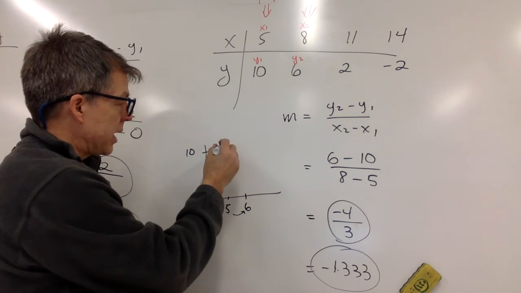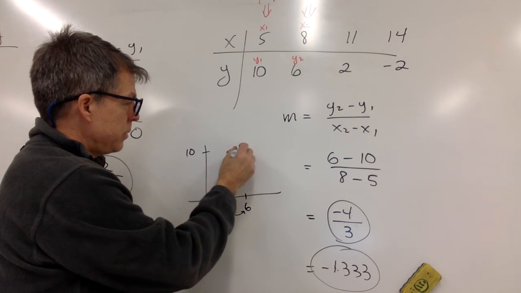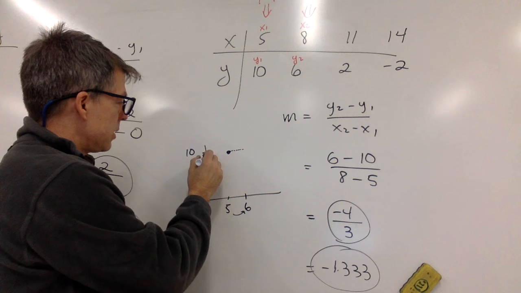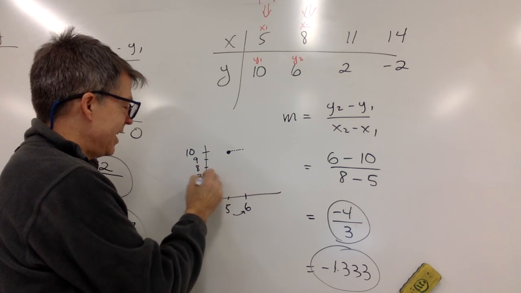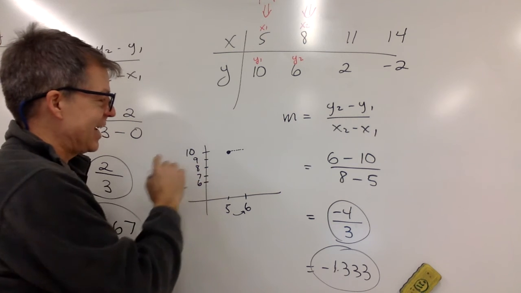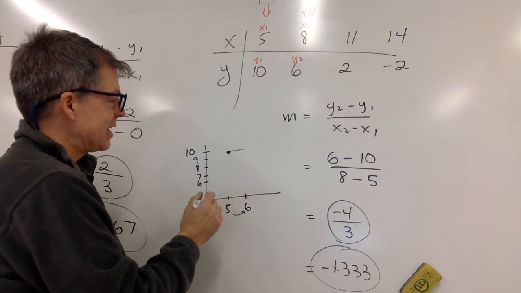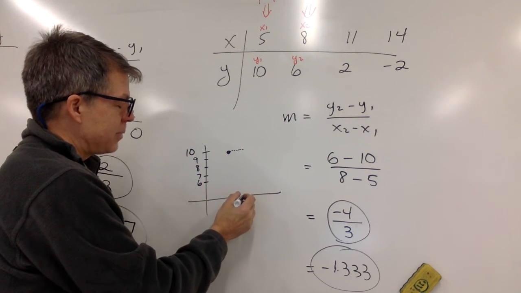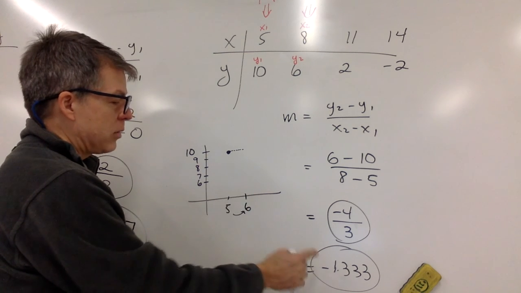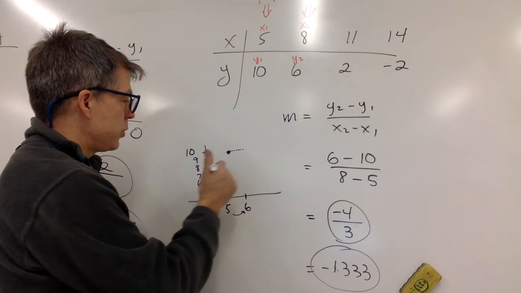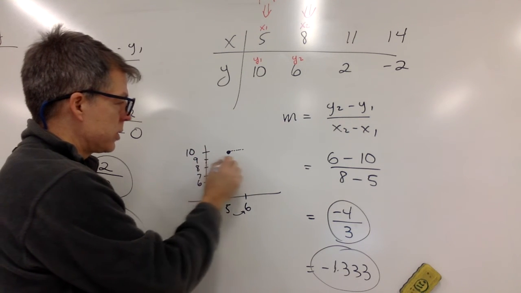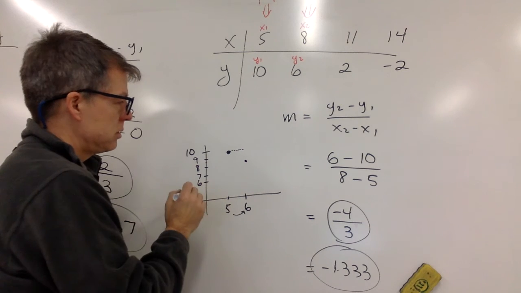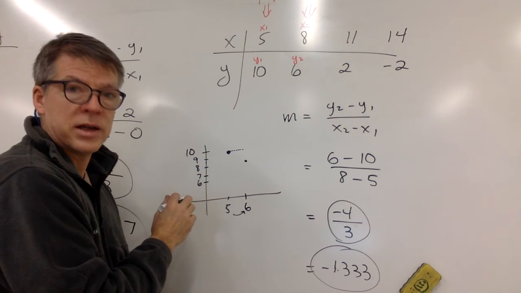So that means as my x goes up by 1, I'm going to have to, here, let me put in some, I know this is not to scale at all, but just so you can see it. If I need the point on the line where x is 6, I would have to drop 1.33. So here's 1, and then down a little bit more for 1.33. That's where my line would end up at.